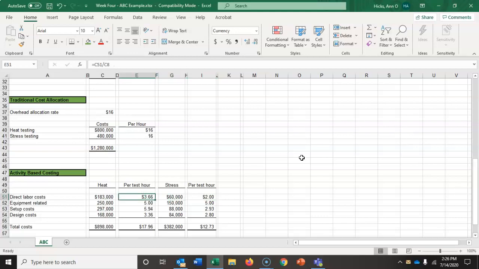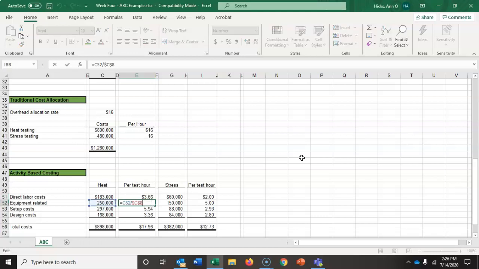So clearly there is more intense direct labor associated with the heat process than with the stress test, which means if we're treating them like we did in the traditional approach, like it was equal allocation, it would not have been appropriate.